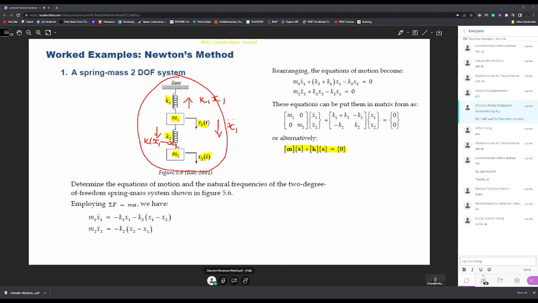Okay, so we'll be able to write the equation of motion for this mass 1. I think the direction of this spring force will be upwards.